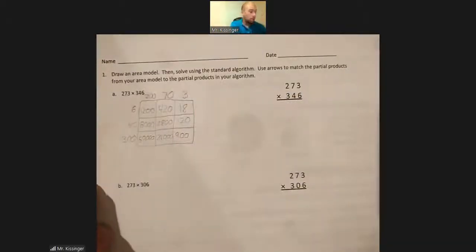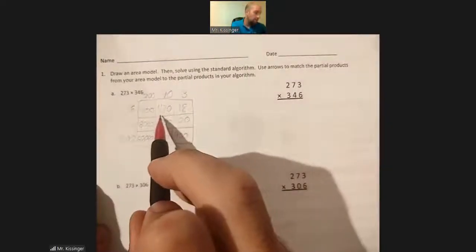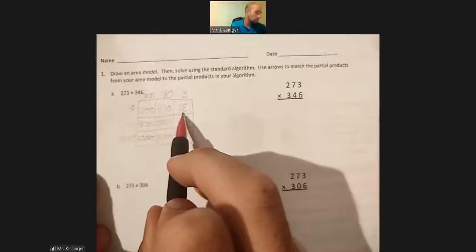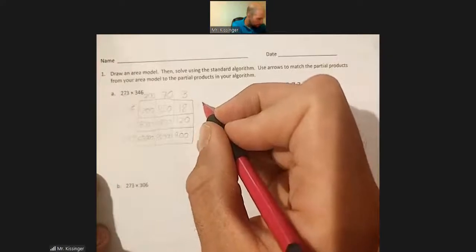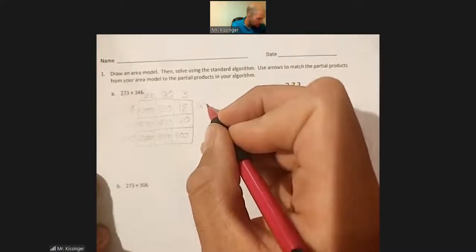So we'll add it up by row. Our first row, we have 1,200 plus 420. It gives us 1,620 plus 18, 1,638.